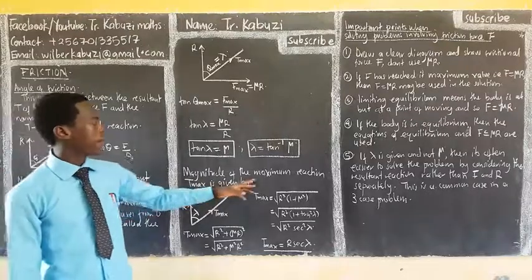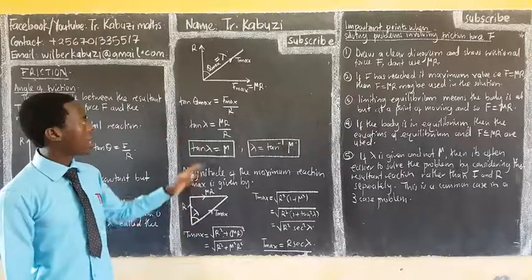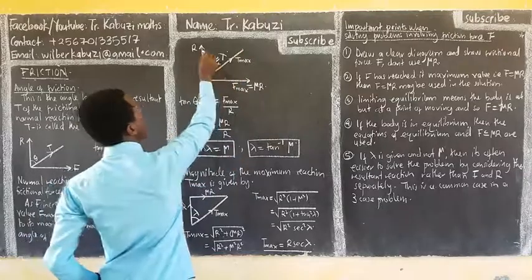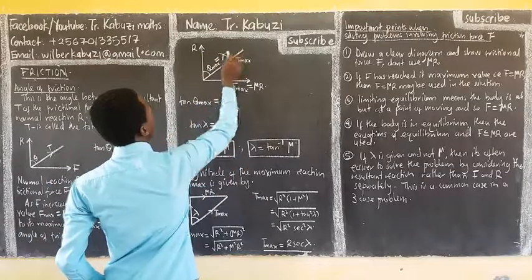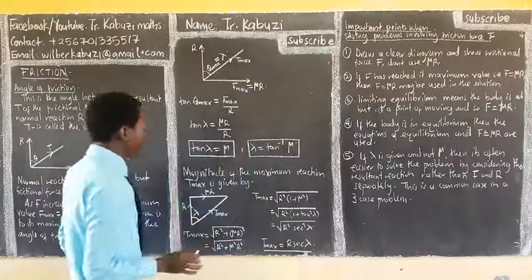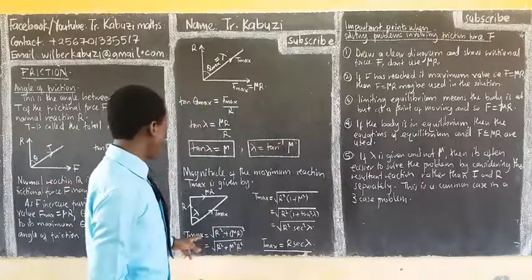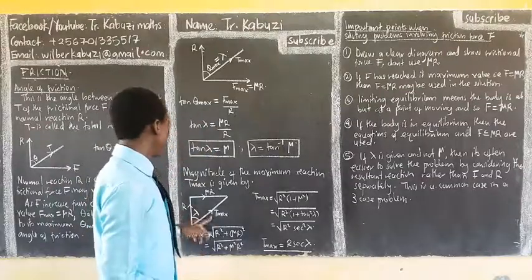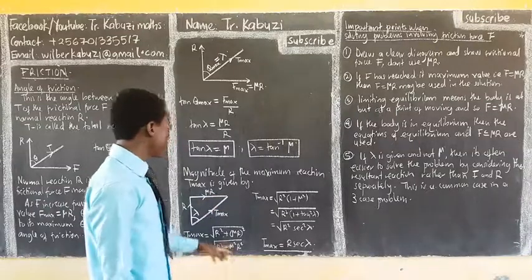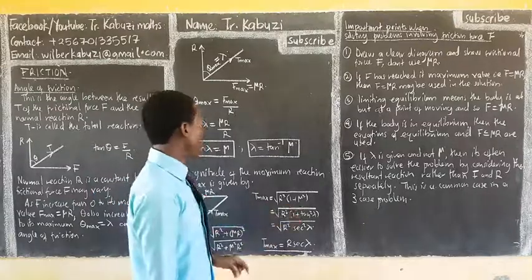The magnitude of the maximum reaction T is given by, if we resolve the force in this direction, the square root of the square of R plus the square of F. R squared is common, so we factorize it and have 1 plus mu squared.